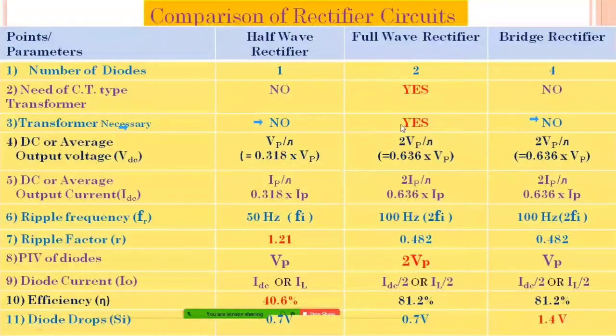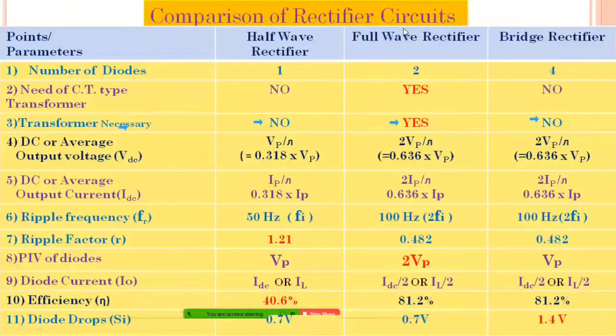Full wave always requires a transformer for its construction, and it must be of center tap type. This becomes one more disadvantage. So remember here, the red color marked points are the drawbacks of the respective rectifier circuits.